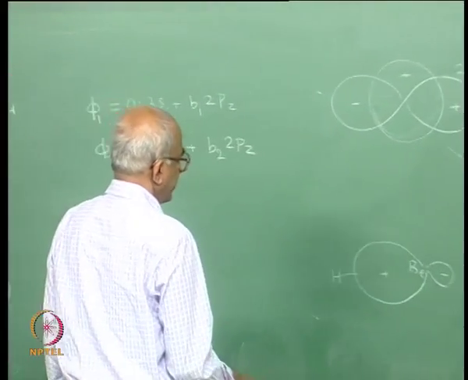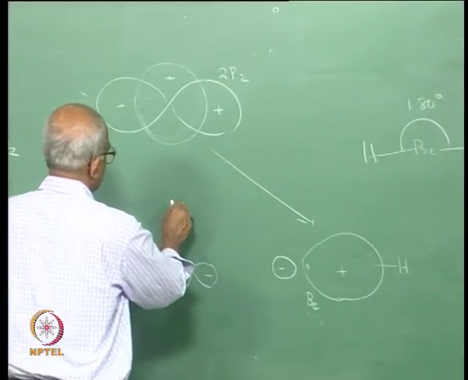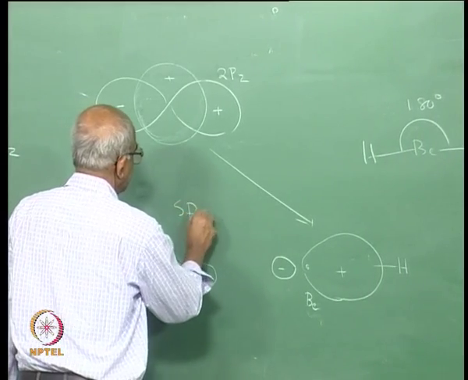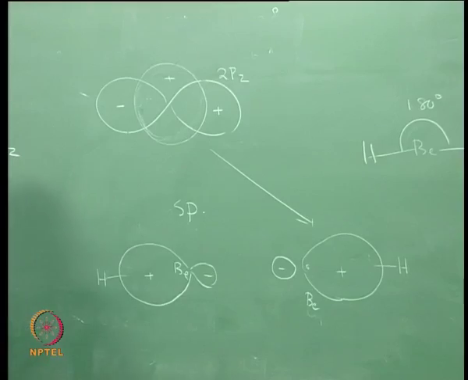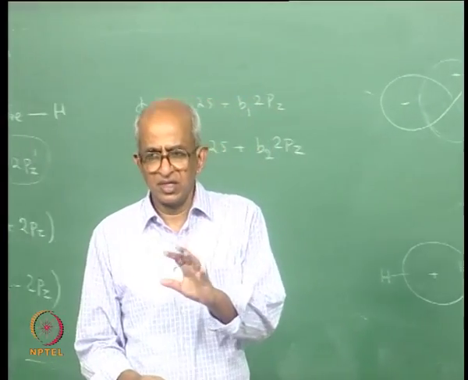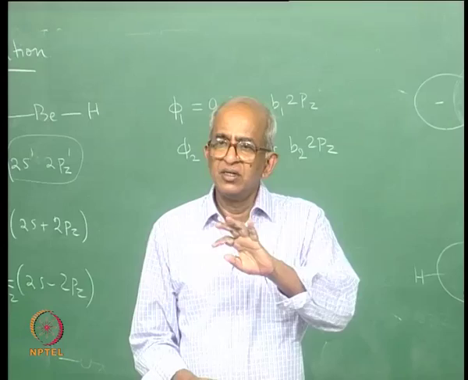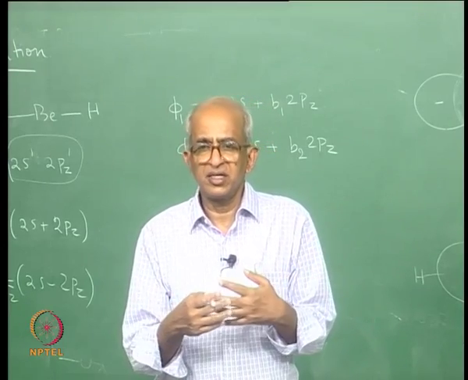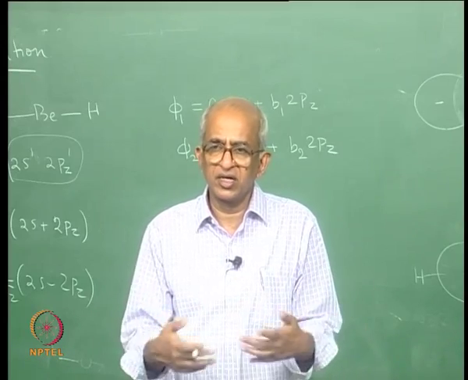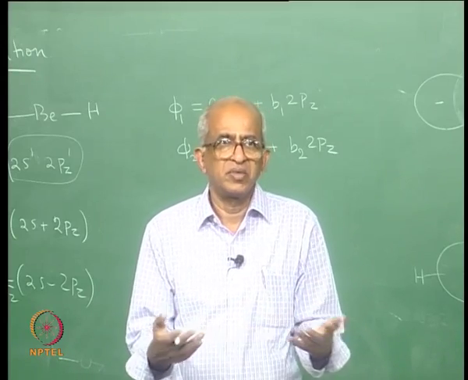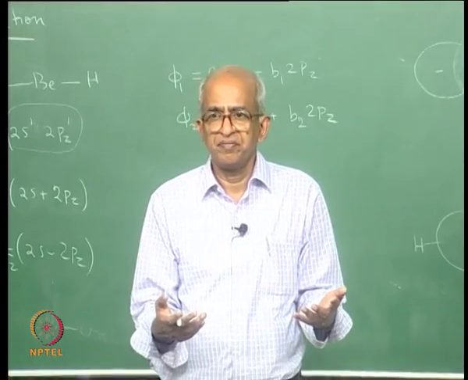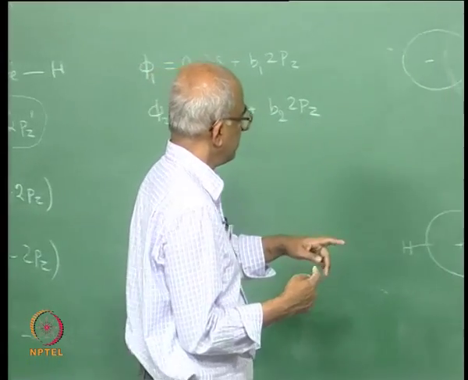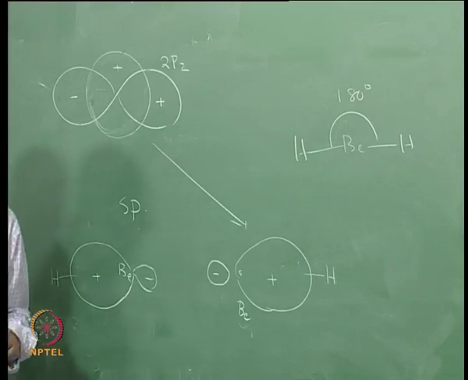And this type of hybridization is referred to as sp hybridization, because in this case one s orbital, that is the 2s, and one p orbital, that is the 2pz, combine and give you two equivalent hybrid orbitals. Okay. So, this is referred to as sp hybridization.